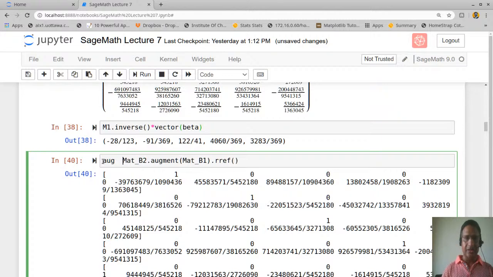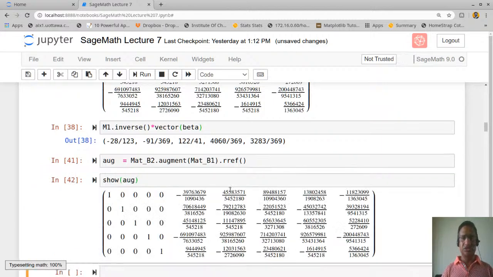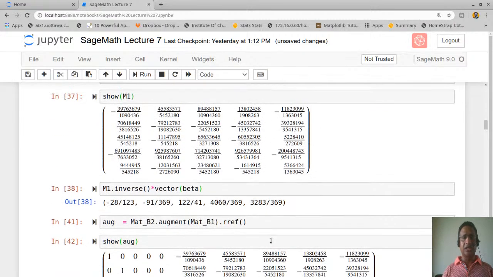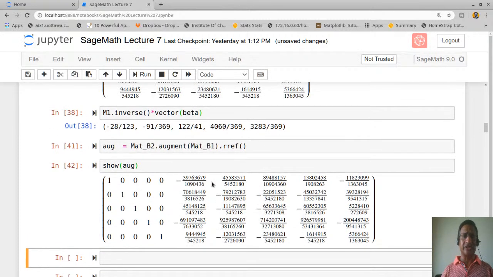So now let us call this as AUG. Now let me show AUG. This is a matrix. Now you can see here this last 5 columns is same as this matrix M1, right? So again, using Rref we are able to find this matrix of change of basis or transition matrix.